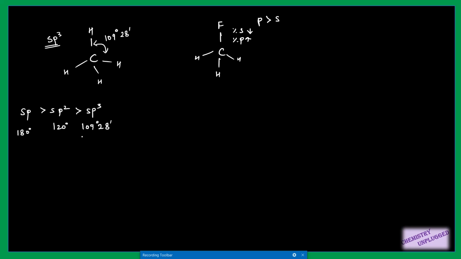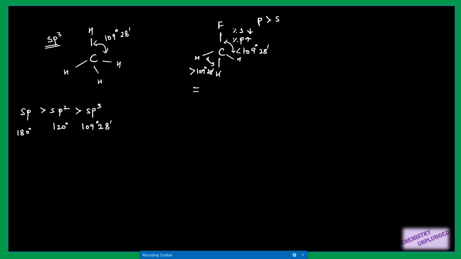And we know that when s character decreases, bond angle decreases. So this bond angle will be less than 109 degrees 28 minutes, and the other angle will be greater than 109 degrees 28 minutes. Why is it greater? Because here s character decreases, so to balance it the s character will increase on this side, so the bond angle will increase on this side.